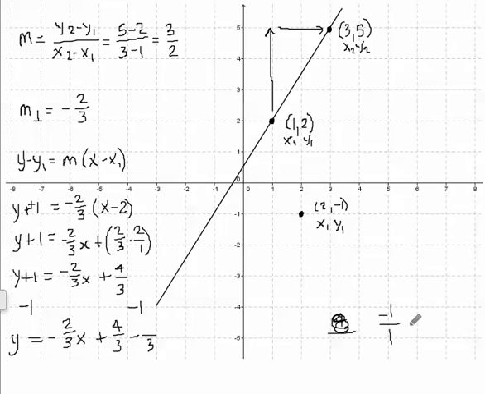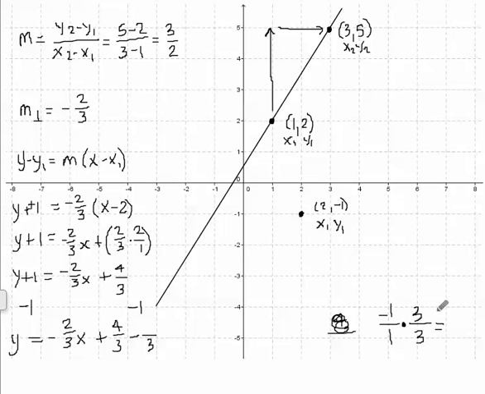and I'm going to put that over 1 because any number can be divided by 1 so that it looks like a fraction. And I'm going to multiply that by what I call a magic 1 number that has a 3 on the bottom. And since it has 3 on the bottom, to make that 1 it has to have 3 on the top. So I can multiply any number by a fraction that is equivalent to 1, and I can use that to convert to whatever denominator I want.